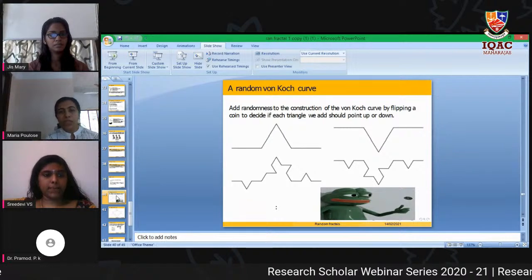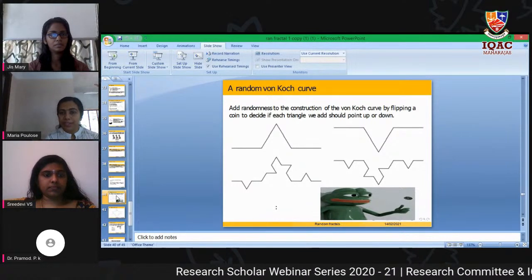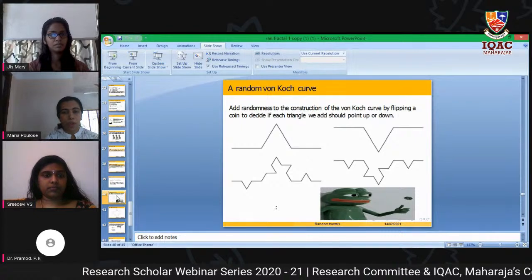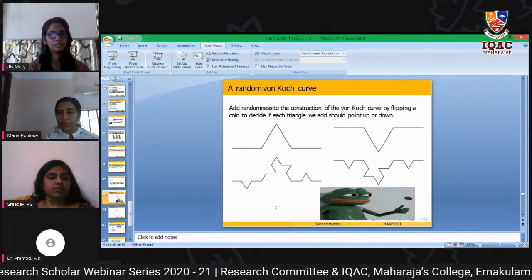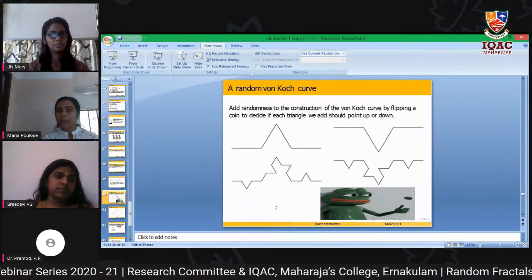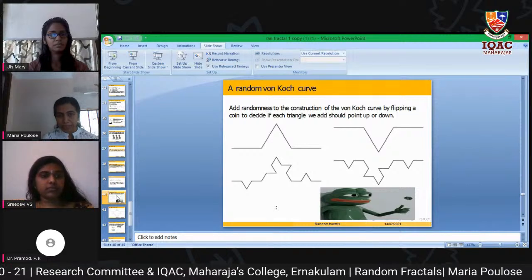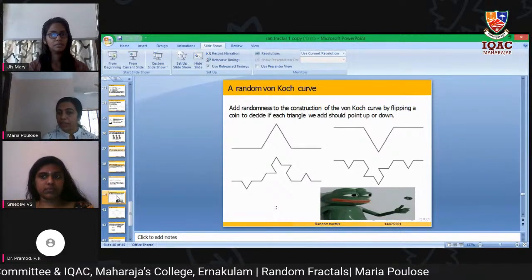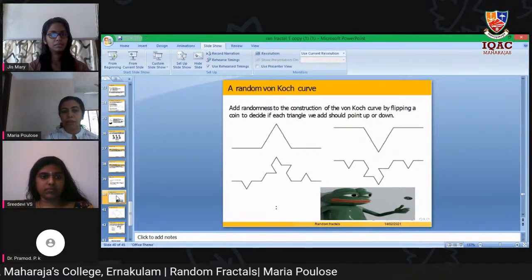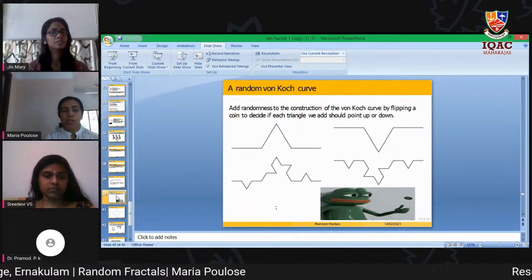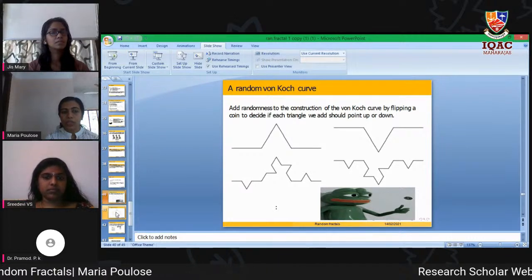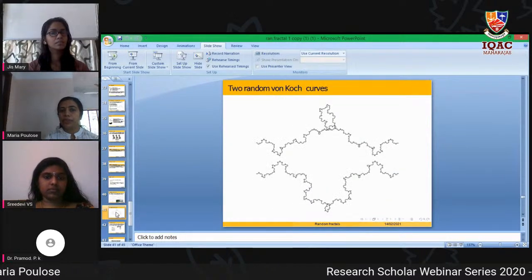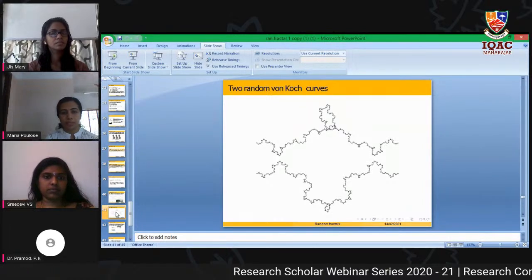So based on the coin tossing, we decide the shape. That means we are adding randomness to the construction, so you get a random fractal. This is one example of a random fractal. When you continue this procedure, you get the random von Koch curve like this.